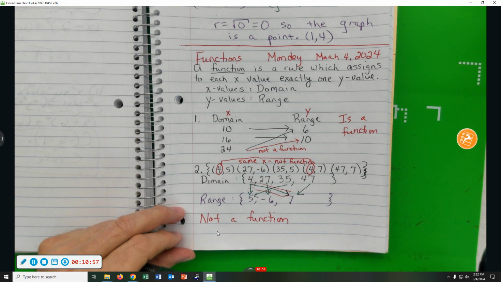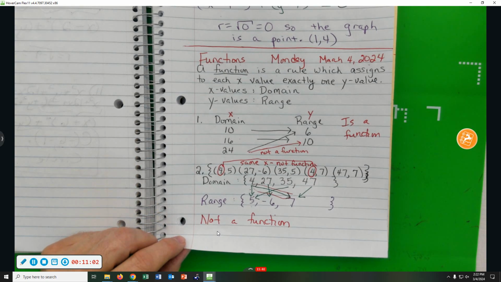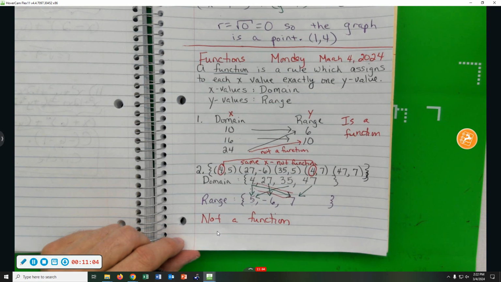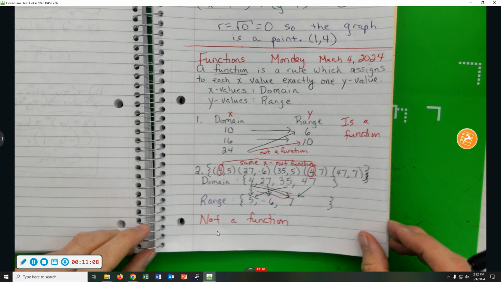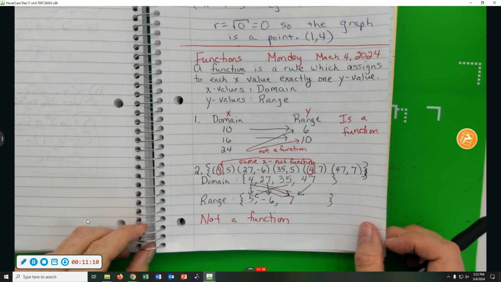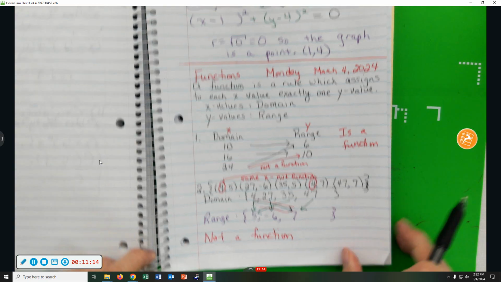Now, if there are y values that are repeated, that's fine, and I'm about to write all of that out right now. That's what I was just saying. This is another way of defining function. So we got one way of defining it as just a rule.